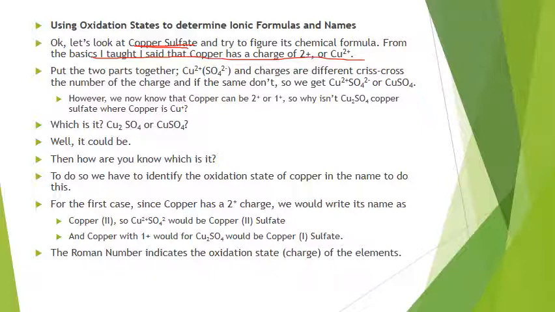So now you have 2 possibilities. You have copper 2 plus or copper 1 plus. So why isn't it Cu2SO4? How did I get that? If it's copper with a 1 plus charge, you would need to crisscross, so you have Cu2SO4.